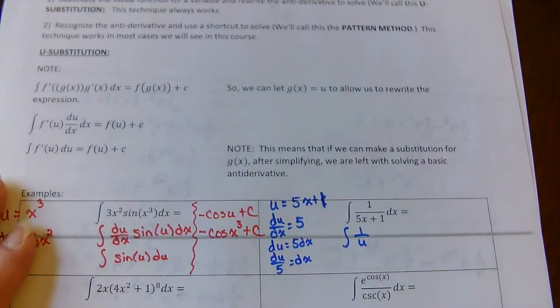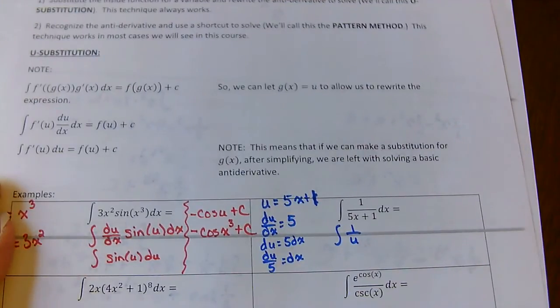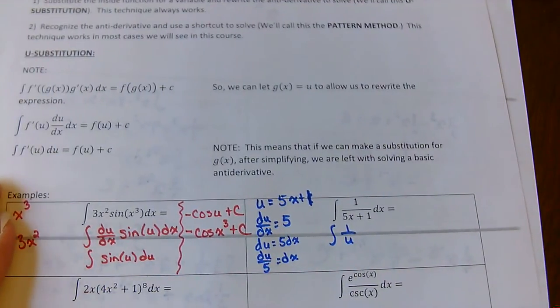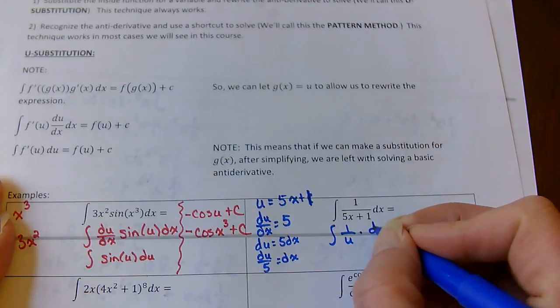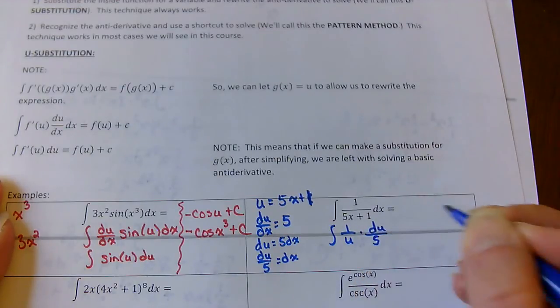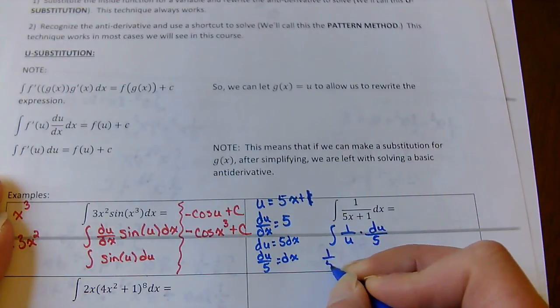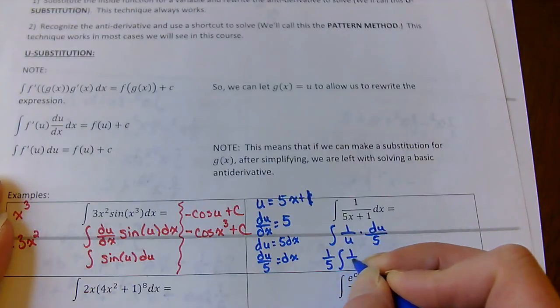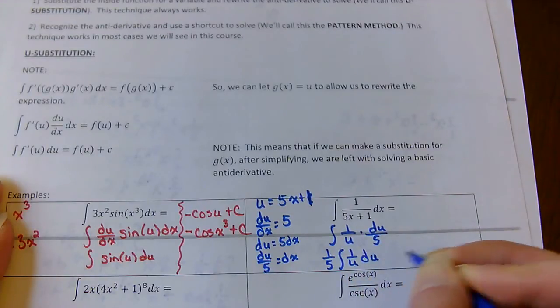You're going to see why I'm doing this. This time, I'm going to substitute dx with du divided by 5. Or in other words, 1/5 of 1 over u du.